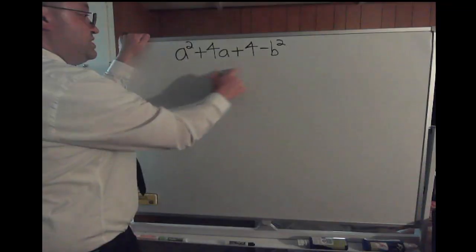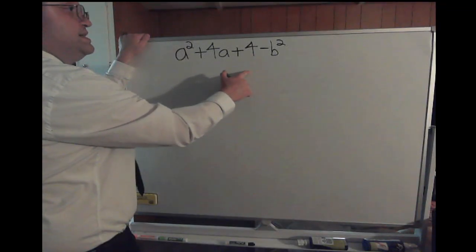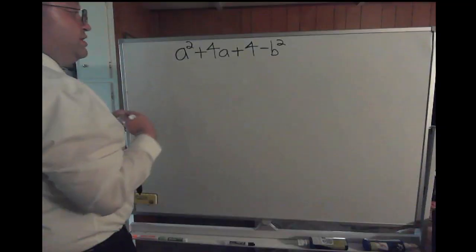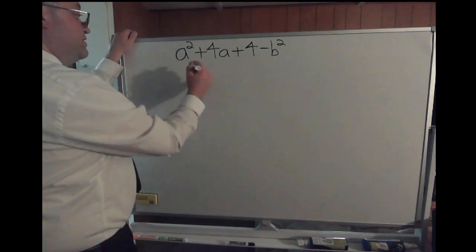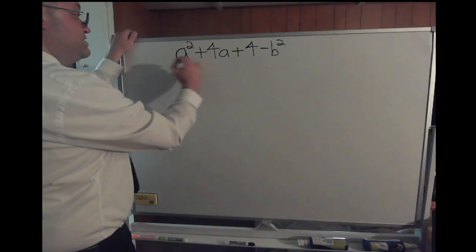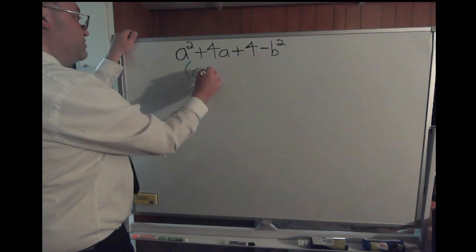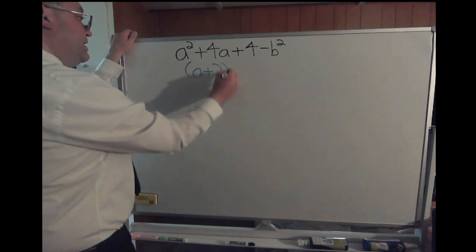If you take 2 times a, you get 2a, and take that times 2, you get 4a. So in other words, what you really have here is a binomial squared. A squared plus 4a plus 4 will factor into (a plus 2) squared.